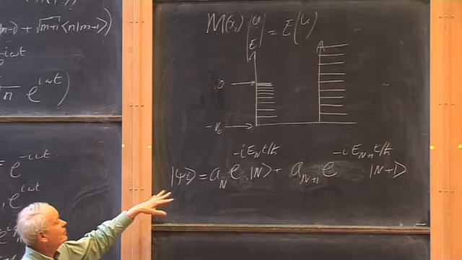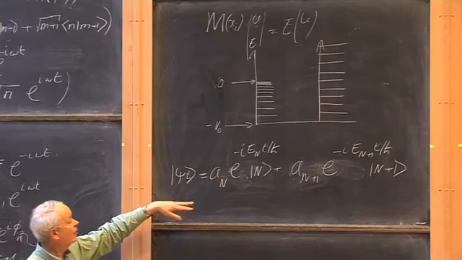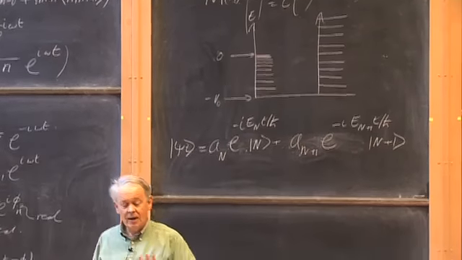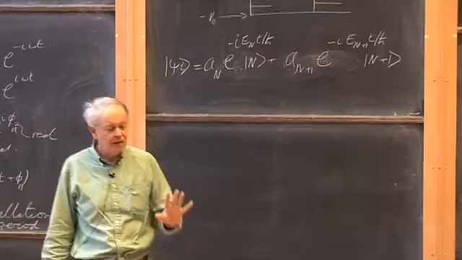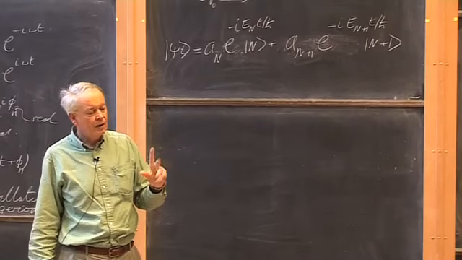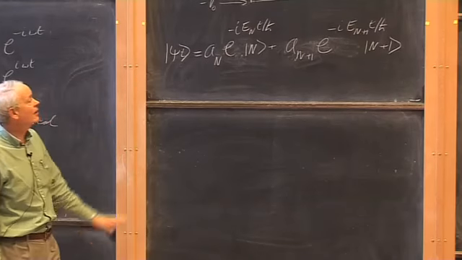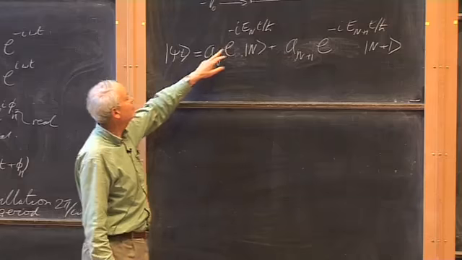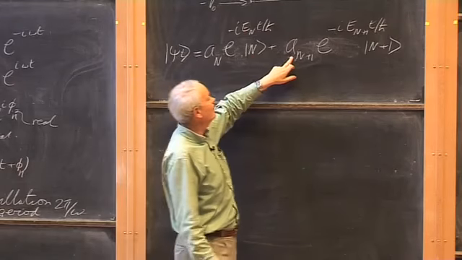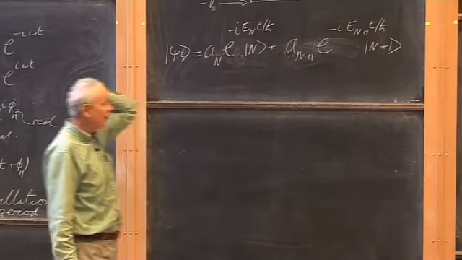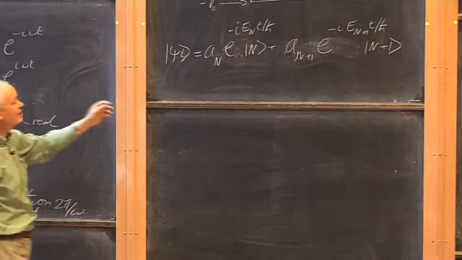That's not a completely general initial condition, because I'm assuming that there are only two non-vanishing amplitudes. So my state happens to be such that there are only two possible values of the energy that I can measure. There's an amplitude a_n to measure the energy E_n, and there's an amplitude a_{n+1} to measure the next highest energy. So this is a special case.